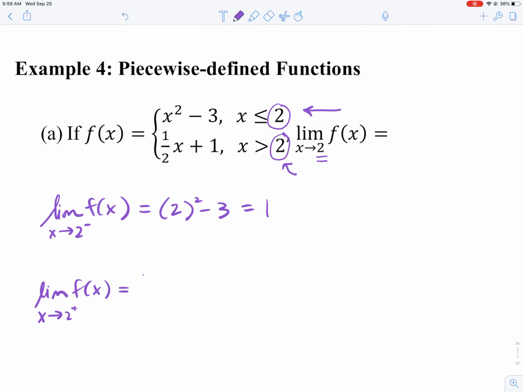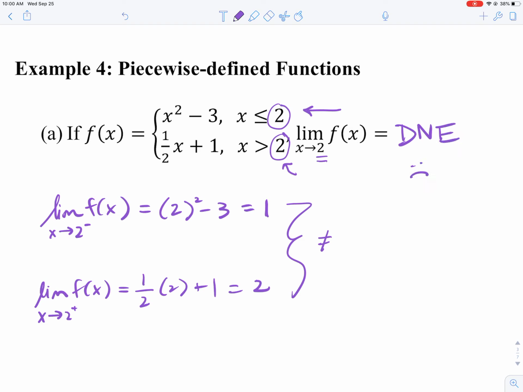So we'll use direct substitution into the second piece of the piecewise. So 1 plus 1 equals 2. So in this case, the one-sided limits both existed, like we got a limit for each of the one-sided limits. However, because they are not equal, all we can say about this limit is DNE.